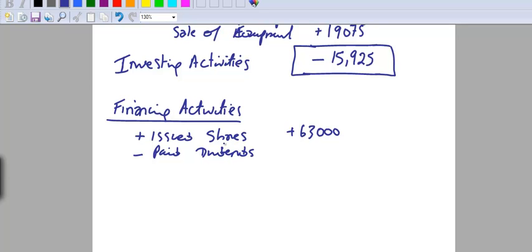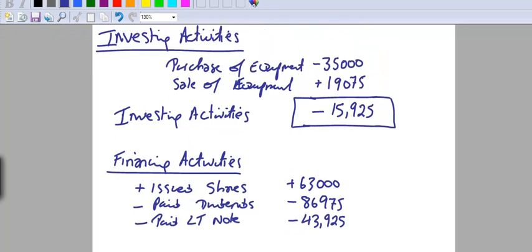We paid dividends, and that was for 86,975. We also paid 43,000 to reduce long-term note, and the long-term note payable is 43,925. Those are factors that affect the cash account.